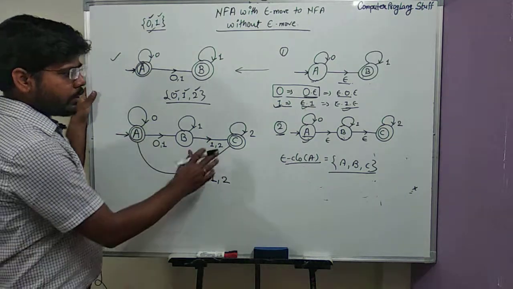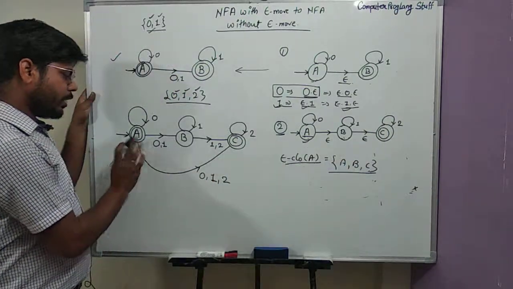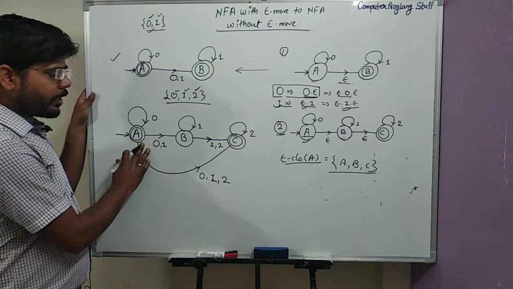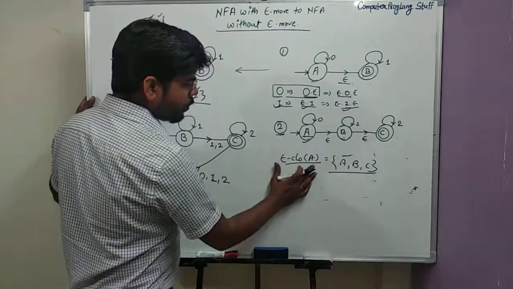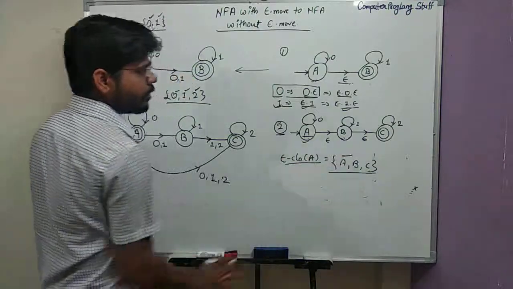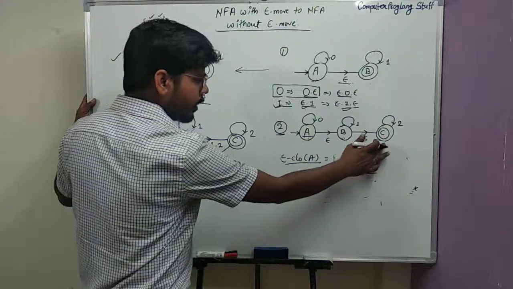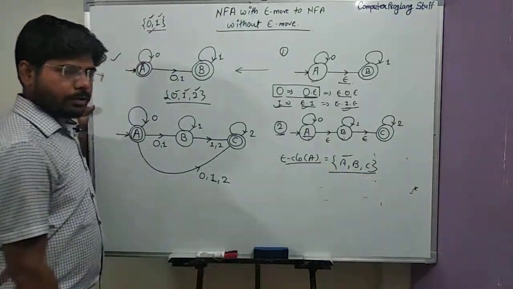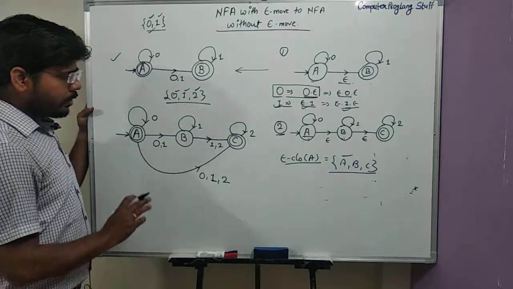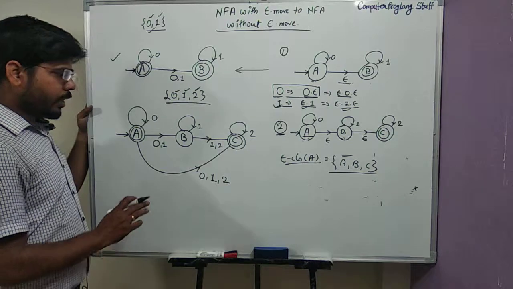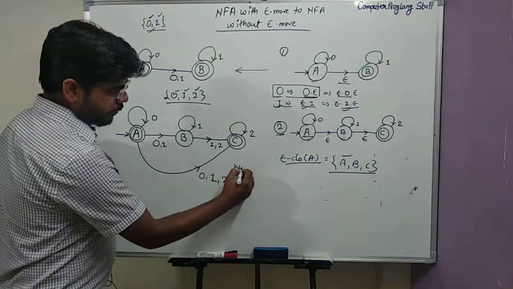Other than the states in the original case, we can have only one extra final state. If this case happens, that is the epsilon closure of the initial state contains all the states, which also means that you can reach from the initial state to the final state with epsilon transition alone, then you can make the initial state a final state, and there is no need to make any other state a final state. So this is your complete NFA.